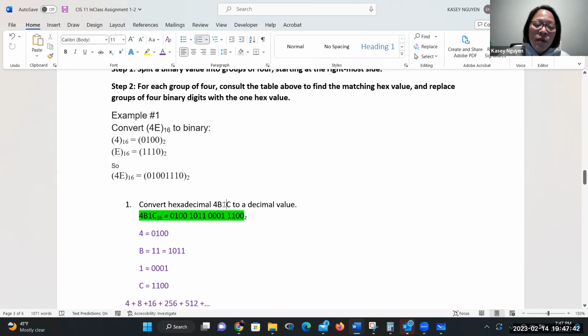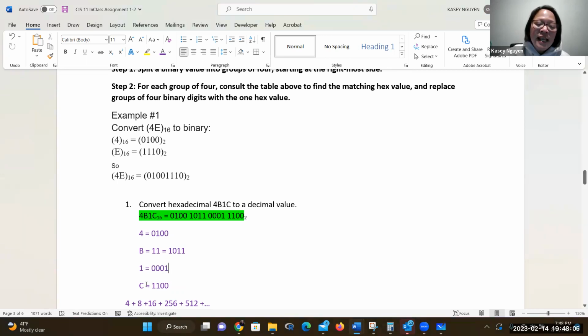The 1, when we convert 1 into binary, again, 4 bits. So I would have 1 subtract 1, only that bit is on. The rest of the 4 bits is off. So whenever you deal with hex to binary, each digit is 4 bits in binary, okay?